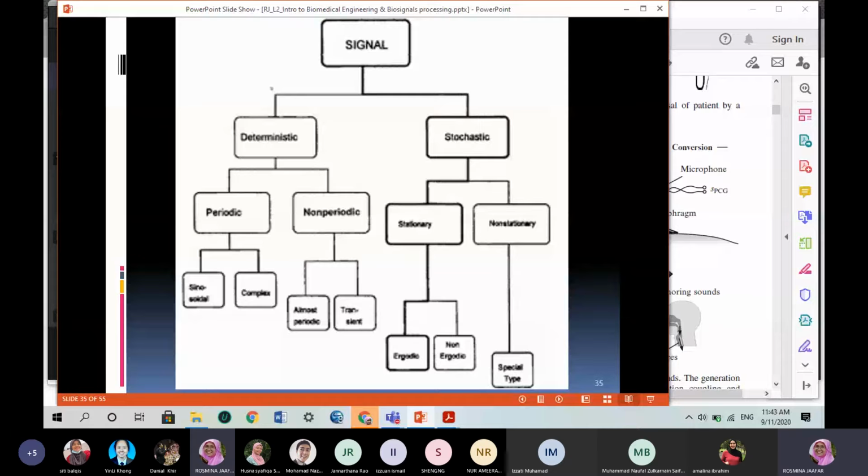Okay. Stochastic signals can be stationary and non-stationary. These are actually definitions of general signals, not indicating biosignals. In general, this is how you can differentiate signal types.